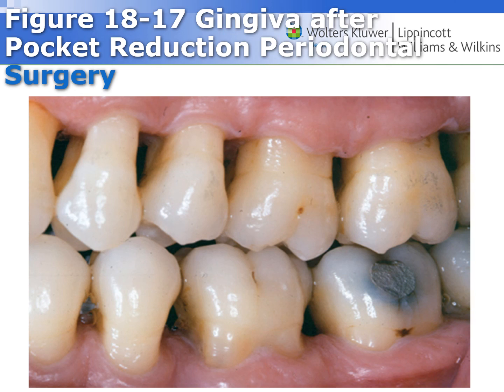They could have had this much recession and wanted to arrest it so it wouldn't go any further, or it could have been to here, and when they cut out all of the infected part, this is just the length that it was. This is someone who probably can never take care of all their deep pockets, and they just keep getting worse and worse. So they will take the gingiva all the way down, and then give this person special, extra cleaning supplies and apparatuses to take home for home care.